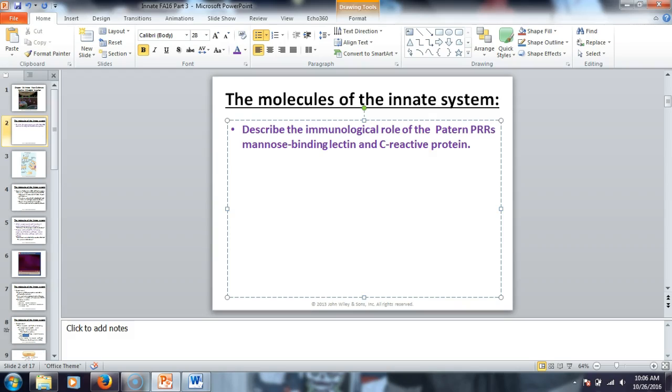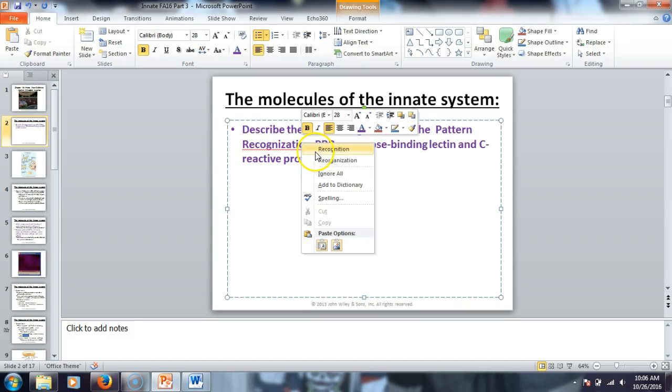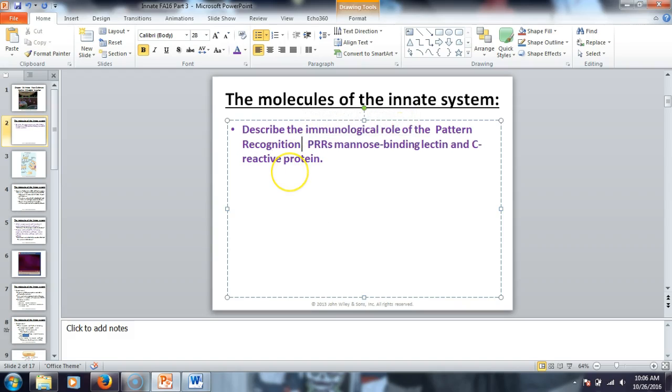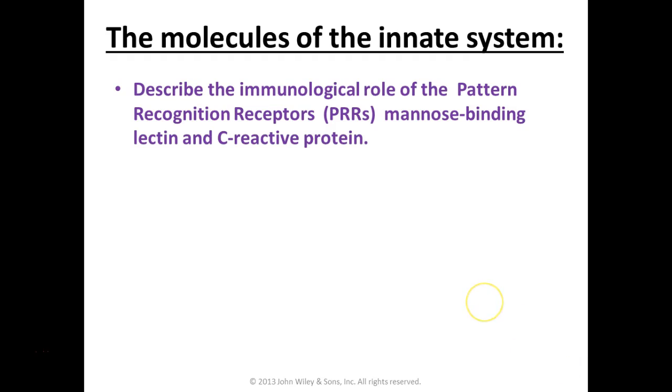Pattern recognition receptors. That's probably the most important part of the word, that these are receptors that recognize specific patterns.